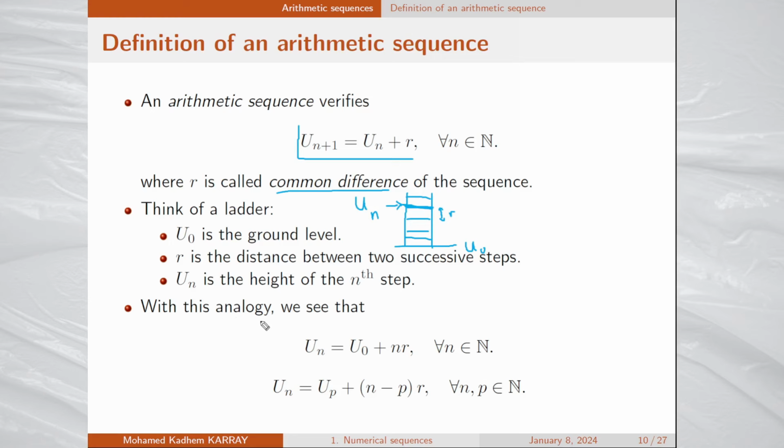With this analogy, we may see that un equals u0 plus n multiplied by r. You may also verify that un equals up plus n minus p multiplied by r, if this is the value u underscore p.